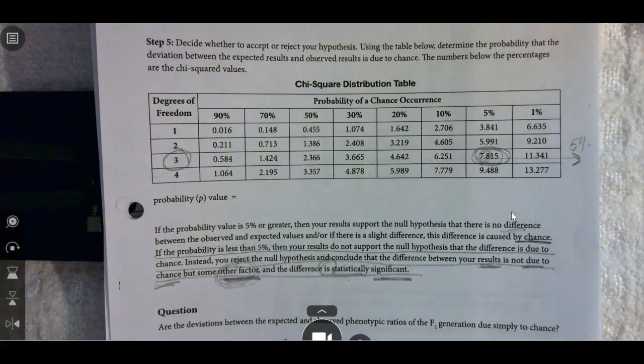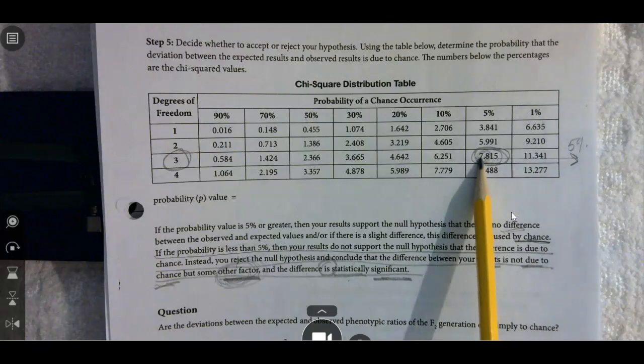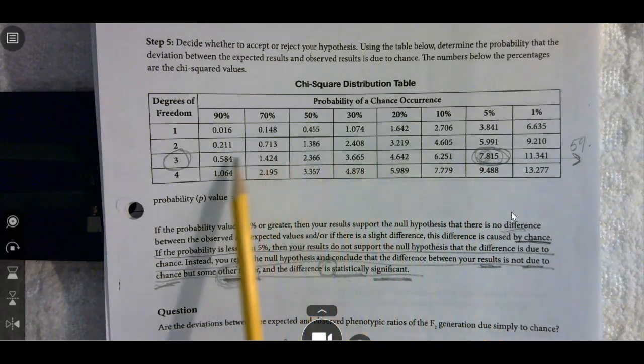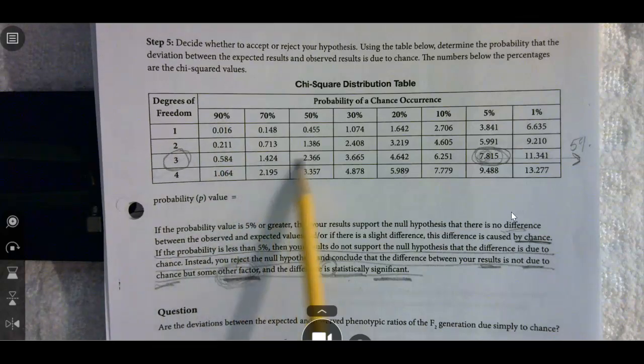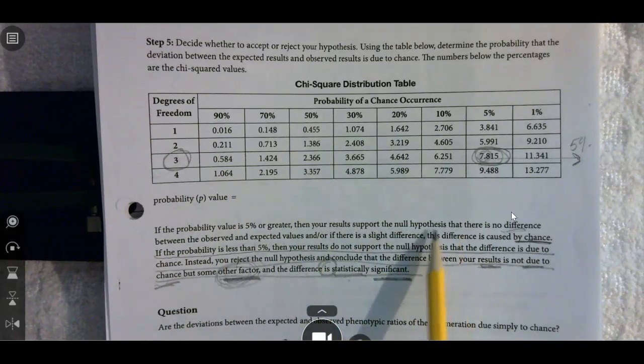Fail to reject. So let's read this together again. If our probability value is 5% or greater, that means our chi-squared number was nice and low. Then our results would support the null hypothesis.